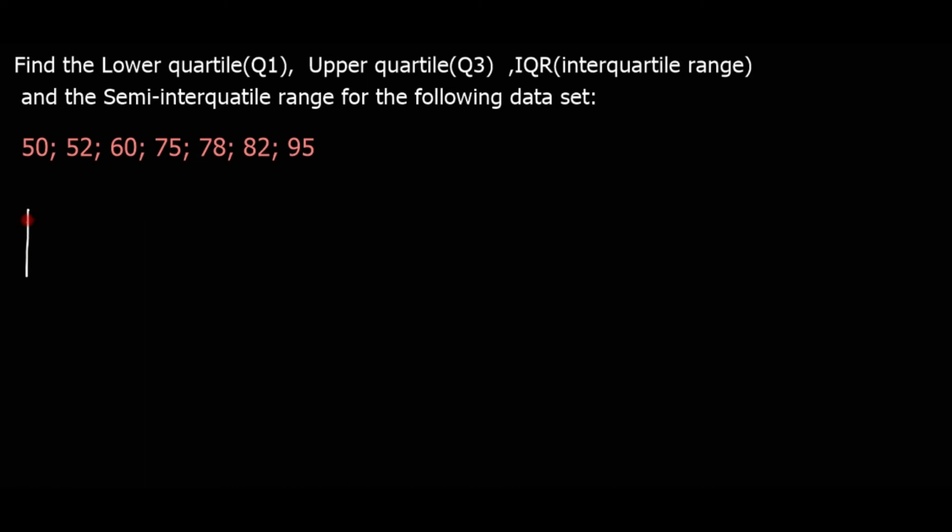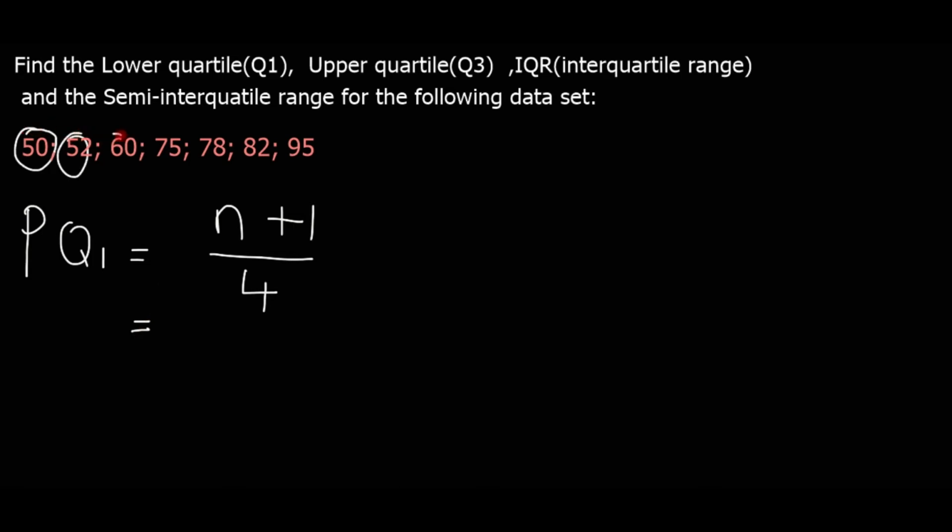We will find the position of Q1. Our position of Q1 is (n plus 1) over 4, where n is the number of values in our data set. So we have 1, 2, 3, 4, 5, 6, 7, so n is 7.